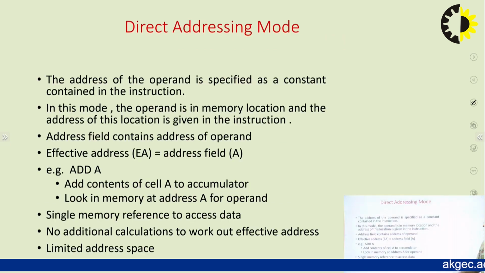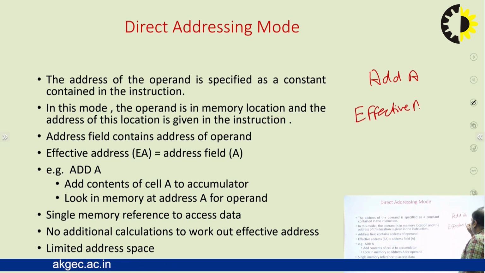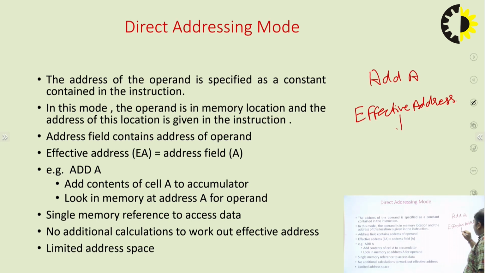Direct addressing mode. In this direct addressing mode, the address of the operand is specified as a constant contained in the instruction, like as seen in the example add A. Add A has an address which is known as the effective address, and this effective address is equal to the address A in our instruction.